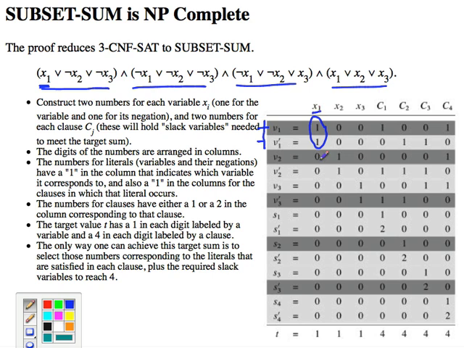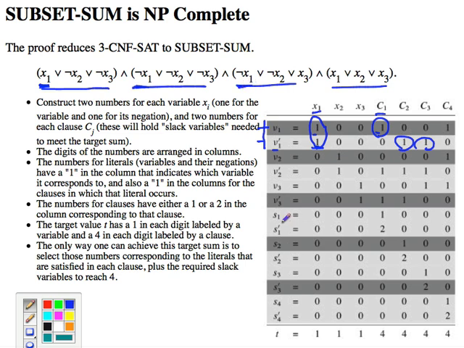So we're constructing these numbers as columns of digits. And we're also going to put a 1 in the column for the clause that it's in. So for example, x1 is in clause 1. That's right here. We have not x1 is in clause 2. So here's the not x1, the second number for x1, and it's in clause 2, as well as clause 3, right here.